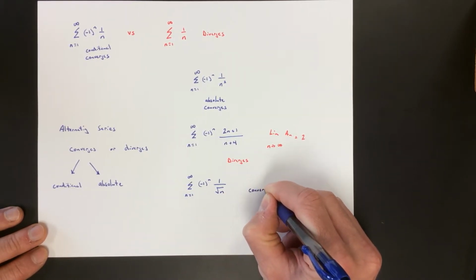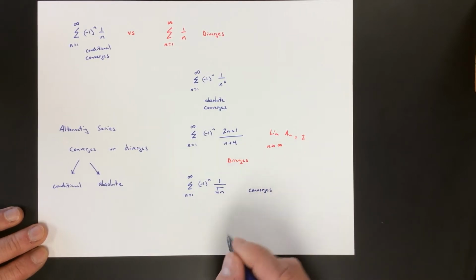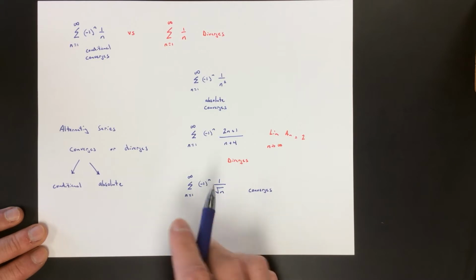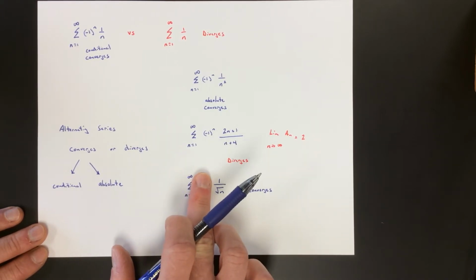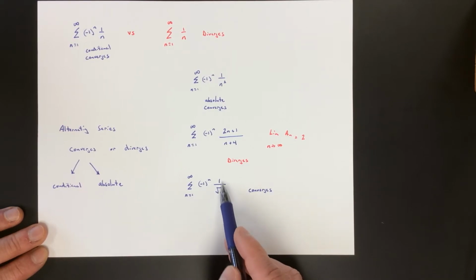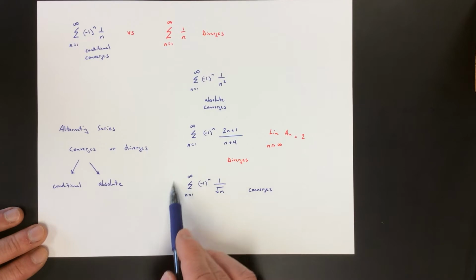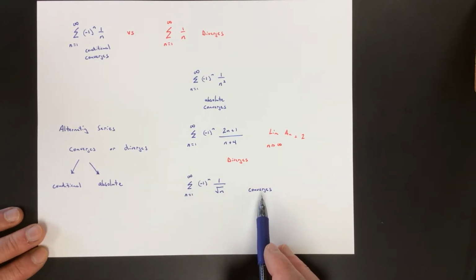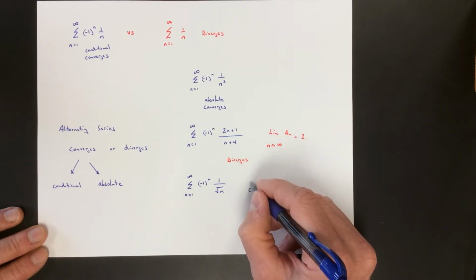The question is, do we classify that as conditional or absolute? If it wasn't alternating, take away that part, then no, it diverges. This would diverge based on the p-series test. So it does pass the alternating series test, so we know it is a converging alternating series, but it only is conditional.